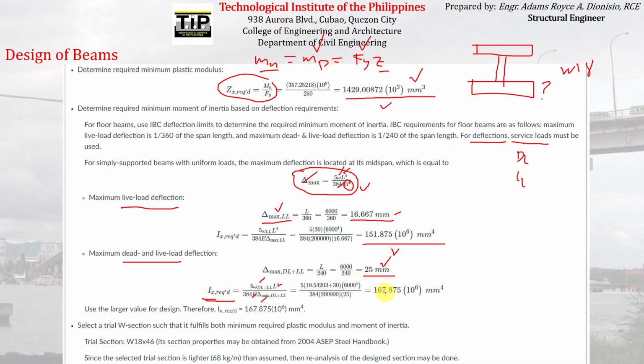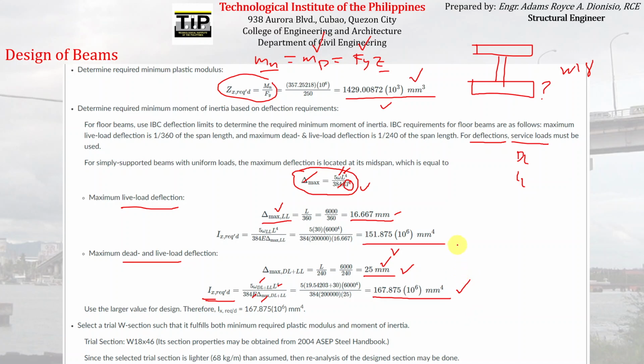So the corresponding moment of inertia requirement for the steel beam to not exceed the maximum deflection allowed by the IBC limitation, which is equal to this, must be equal to or greater than 167. In order for us to ensure that the steel beam will have a deflection that will not exceed 25 mm, its moment of inertia must be equal to or greater than 167.